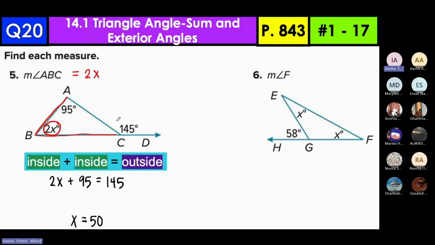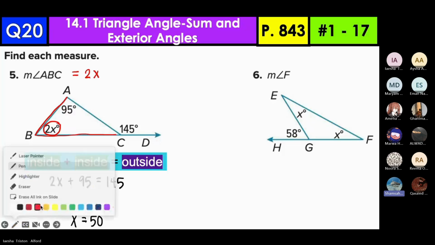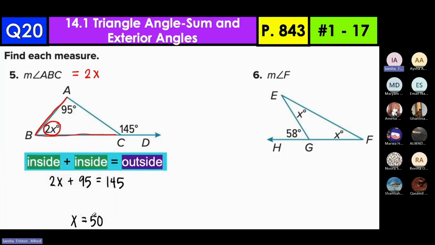How do you find the measure now? 2 multiply 25. This is why I need you to solve things and not just copy from the book. The x is 25. So here, 2 parentheses, inside should be 25.